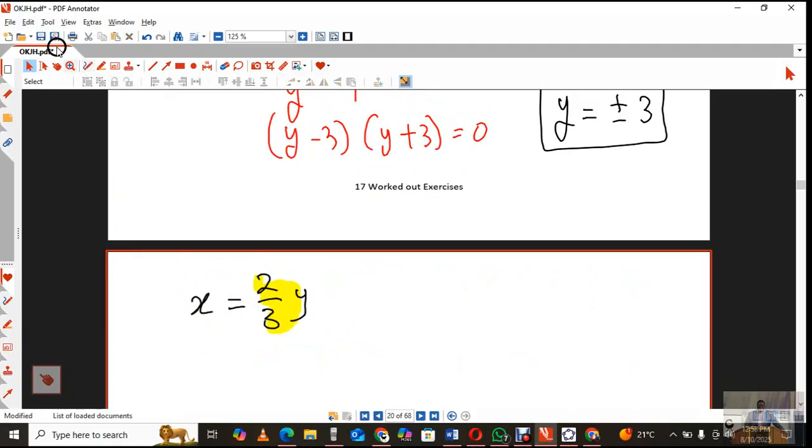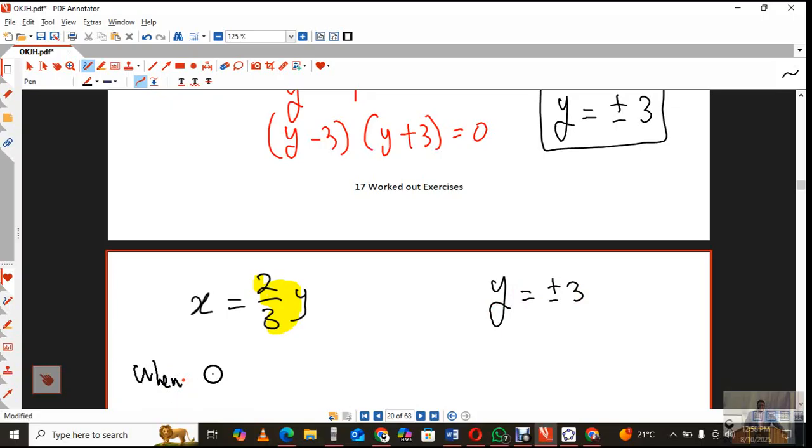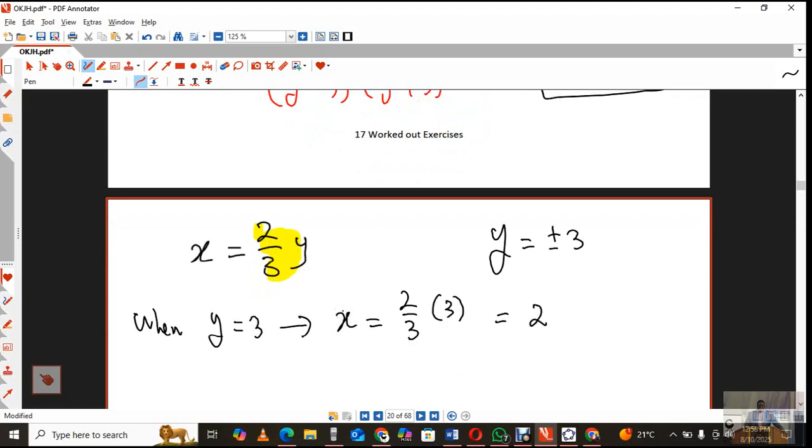What do we know? We know that the values of y is equal to positive or negative 3. So when y equals 3, x will be 2 over 3 times 3, x will equal 2. When y equals negative 3, x will be 2 over 3 times negative 3, which is minus 2.